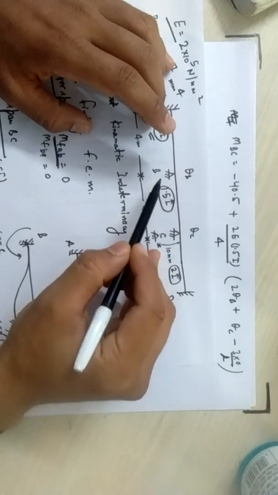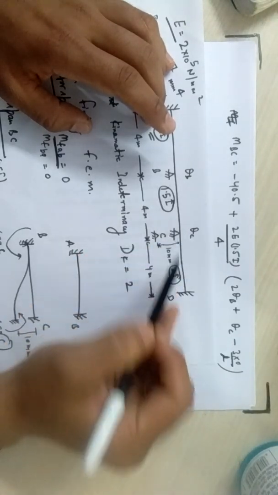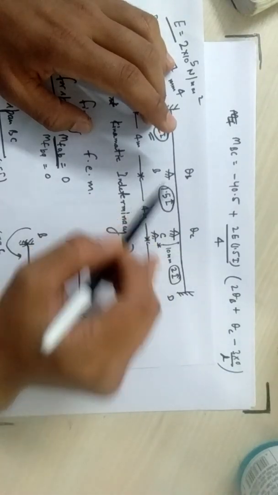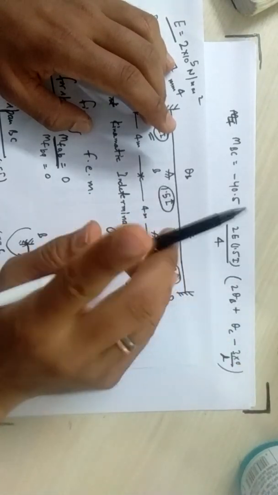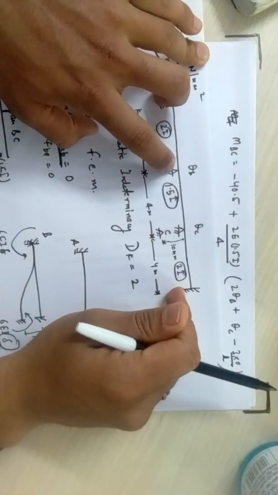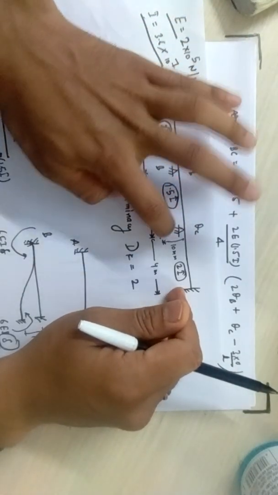Okay, for MCB or MCD, in both cases I will consider delta, but for MBC and MDC I will not consider any settlement, because these supports are not settling. Which one is settling? This C is settling.